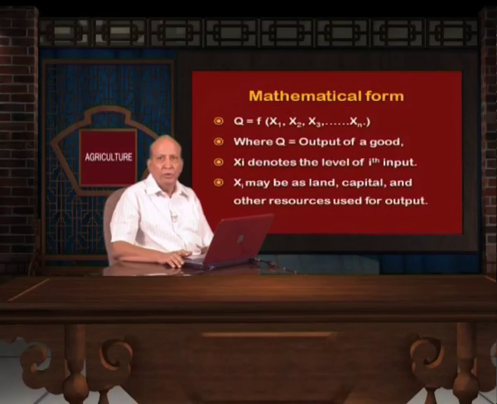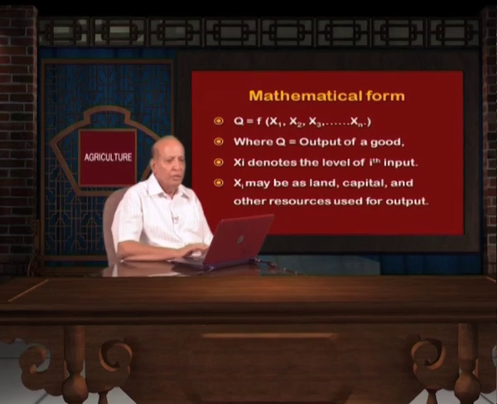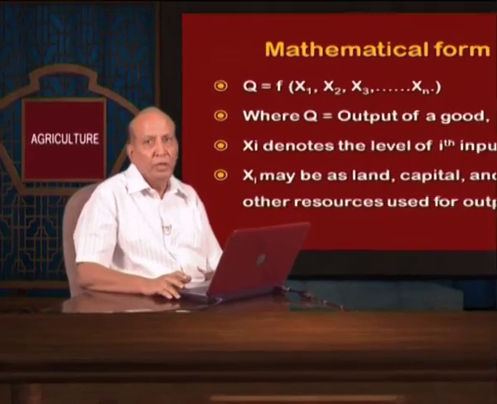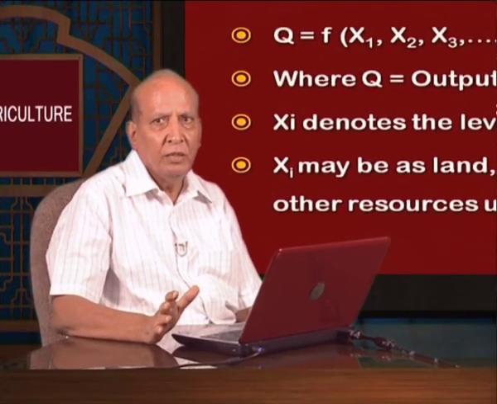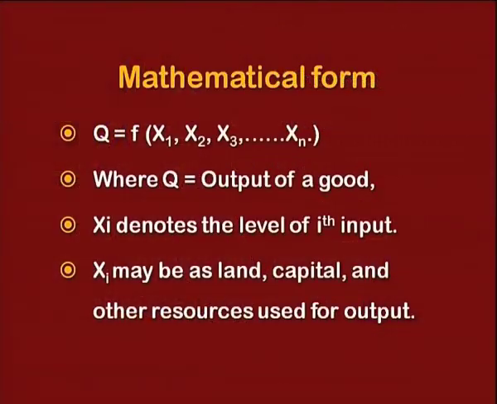Now, we come to the mathematical form, as mentioned: Q is equal to a function of x1, x2, x3, and so on. These x1, x2, x3 are the inputs, Q is your output.